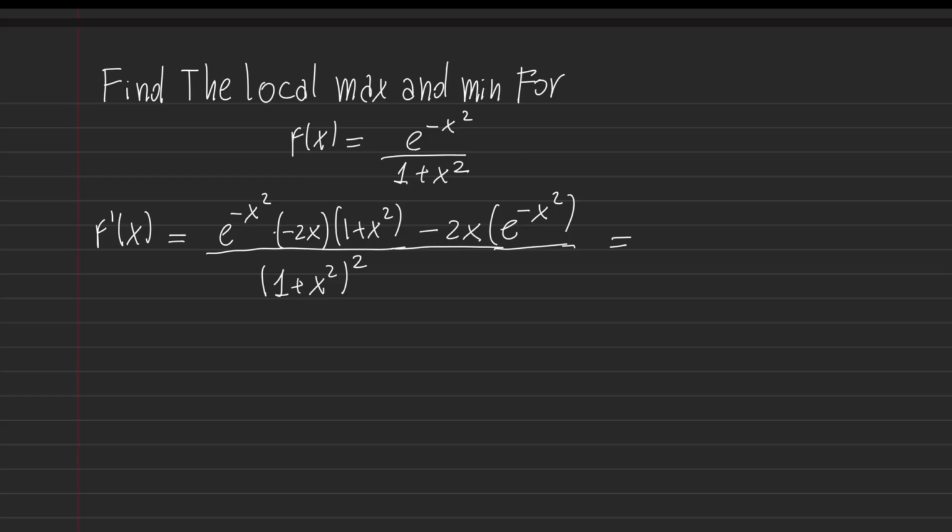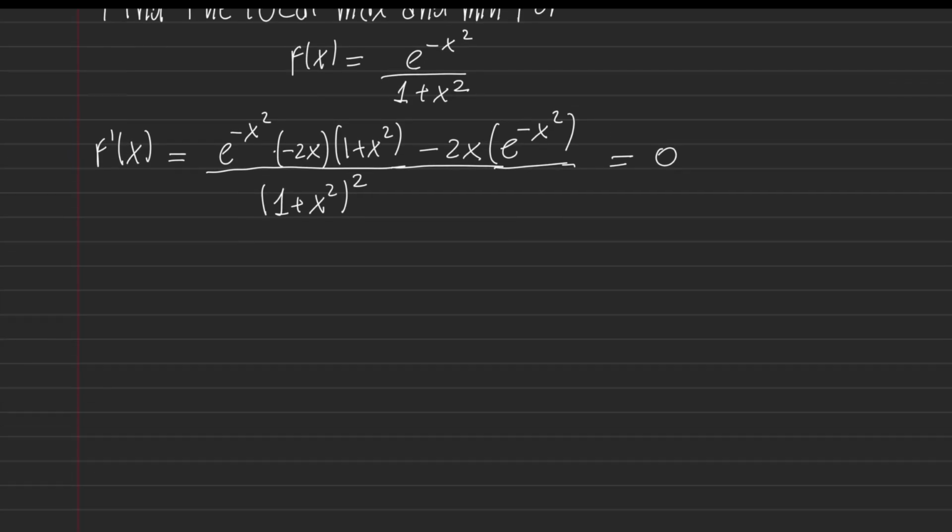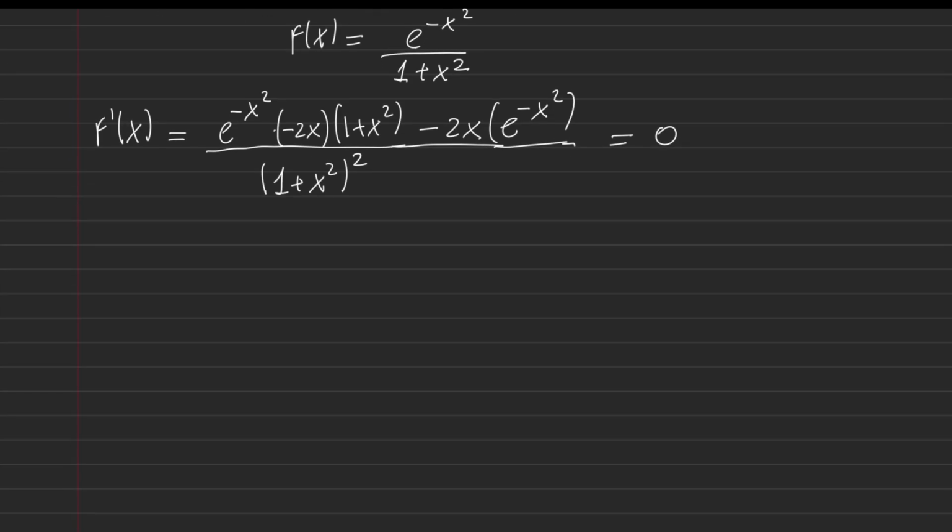And we have to impose this to be equal to 0. So let's rewrite this f prime in a slightly different way. We notice that we can factor, for example, e to the minus x squared in the numerator.